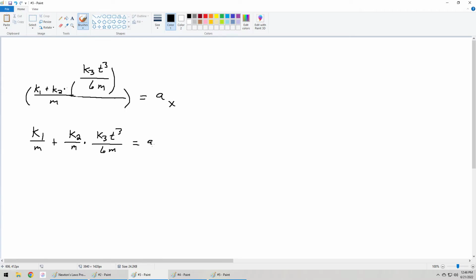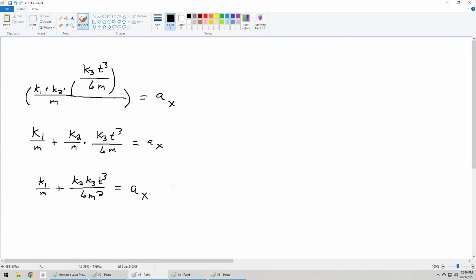And if you'd like to bring this together even further, we'll have k2, k3, t cubed over 6m squared. That is the simplified expression for the x component of the acceleration.